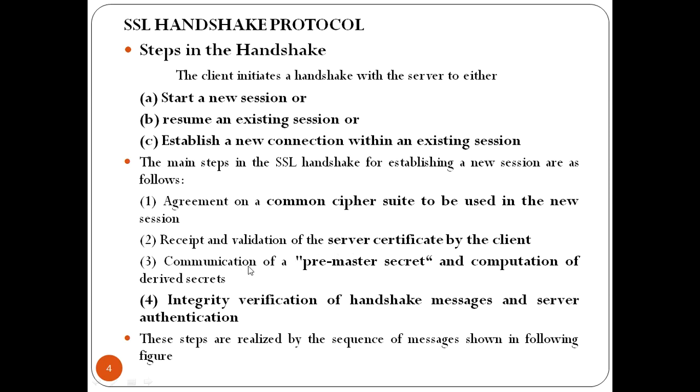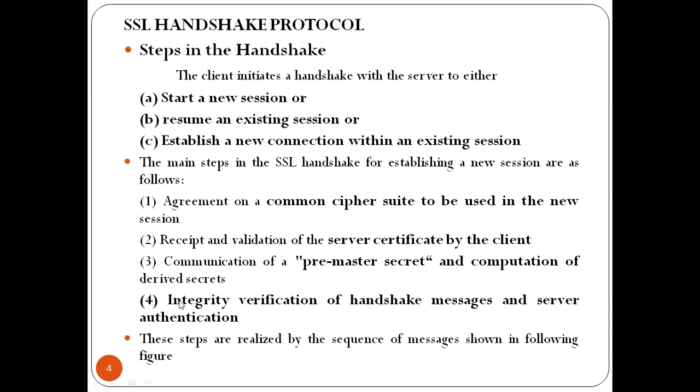Now the third step is communication of a pre-master secret and computation of the derived secrets. The client is able to have one pre-master secret, and must use it and send it in encrypted form to the server. So the client communicates a pre-master secret, in its encrypted version, to the server, along with the computation of the derived secrets.